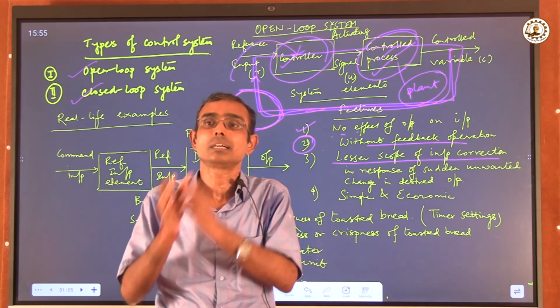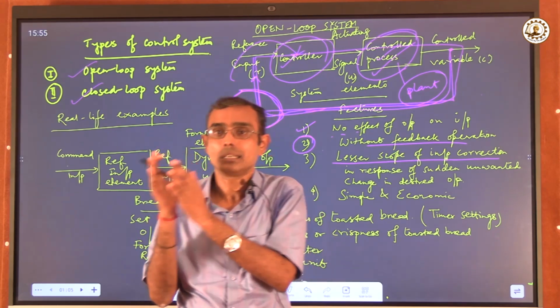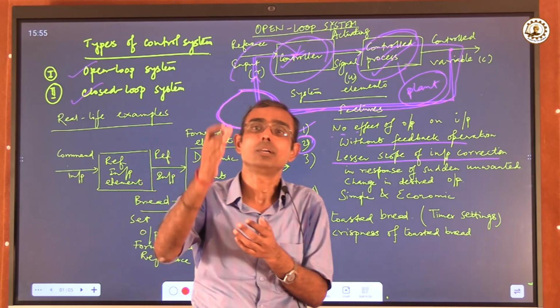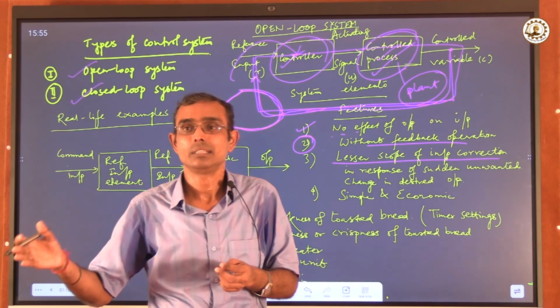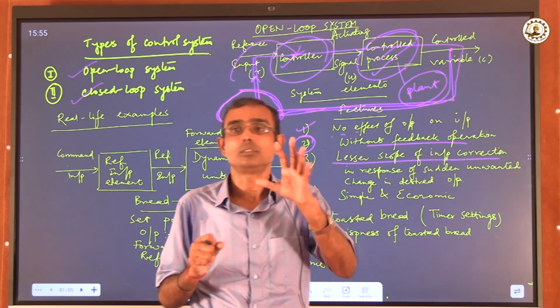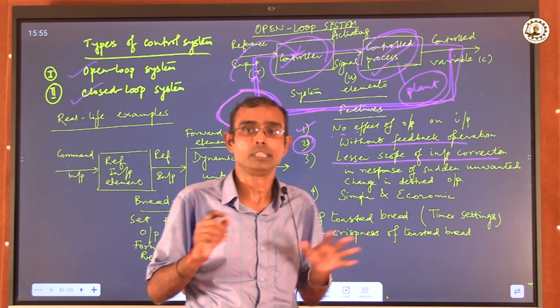Actually, the main thing is the control by the timer, up to which particular direction will be either red or green. So this is all about the open loop control system, the two real life examples and the basic features.